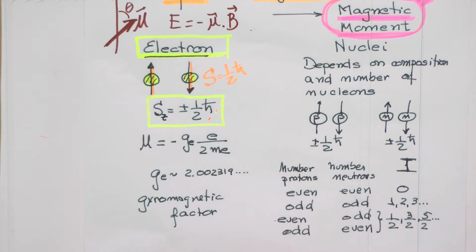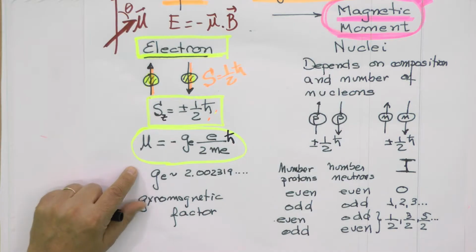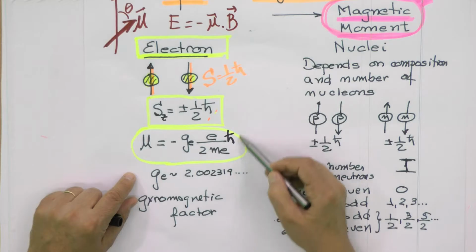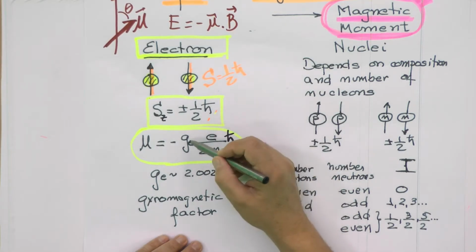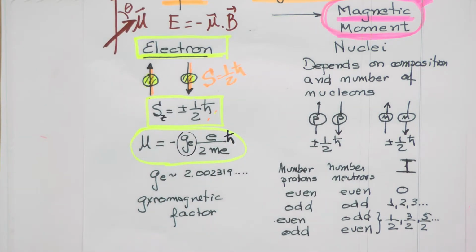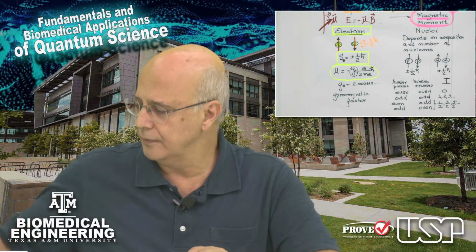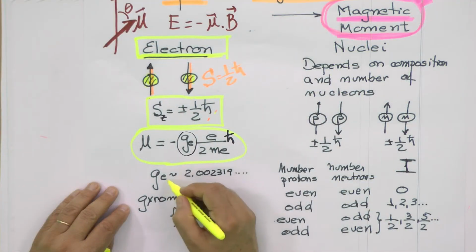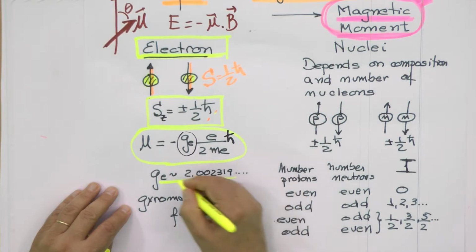And associated with this spin is the magnetic moment of the electron, which would be the classical value that we discussed in the past. But now there is a factor here, because it is not only the classical value that determines this magnetic moment, there is a factor called the gyromagnetic factor. This is a very important factor in physics.